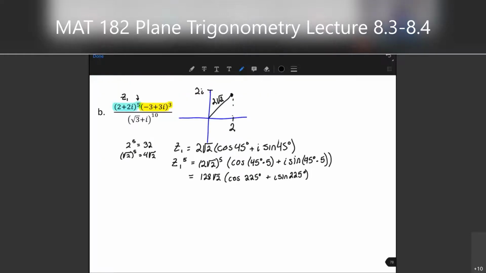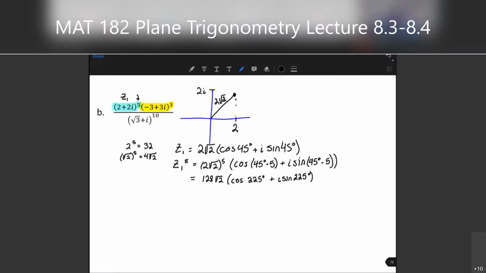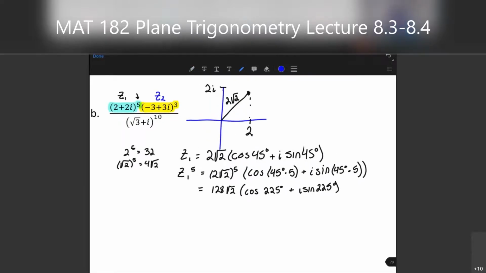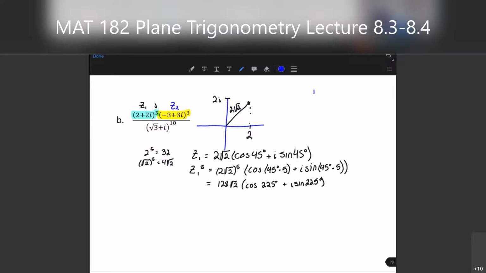And now I will try to work with the next one. So the next one we're going to be looking at, we'll call this one Z2. And that's the negative 3 plus 3i. So let's draw this one out as well. And I'll just draw these up on the top so we have them referenced at the beginning.